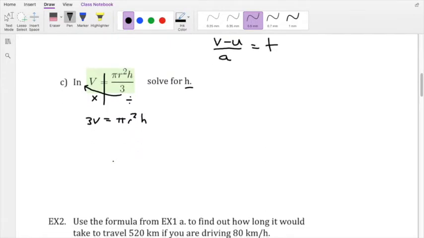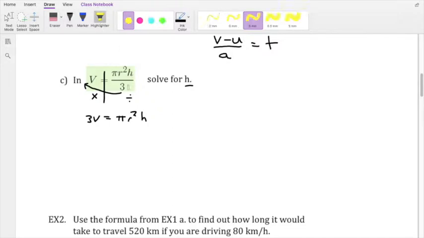So now we have to go, okay, we want the h all by itself, so we need to move these 2 things. So what is this right now? What's this really say? Pi r squared h. Well, if you plug that in your calculator, you would say, okay, pi times r squared times h. So that tells me right now they're all multiplied.